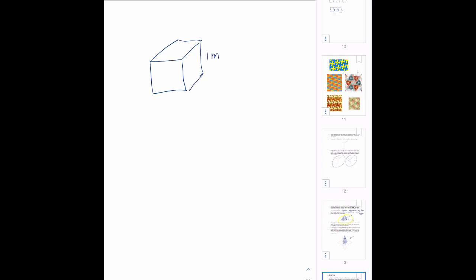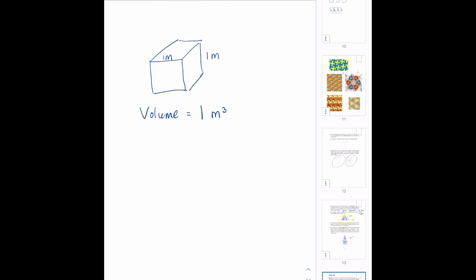Just take my word for it. This is a cube. It may not look like it. And so I know that the volume is 1 cubic meter.